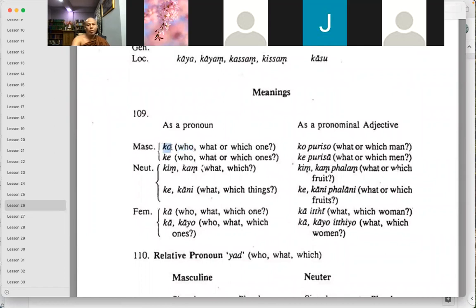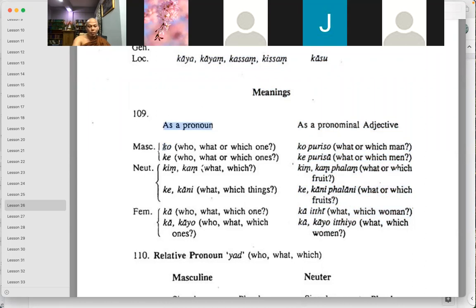But if it refers to a person at the end, but masculine gender like vihara, ko vihara also, which one or which monastery, in this way. What monastery or which monastery, based on the reference word's gender. Okay, ko, ke, kam, ke. And then ke is plural, so which ones? And ki or kim is neuter. So this is using it as a pronoun.